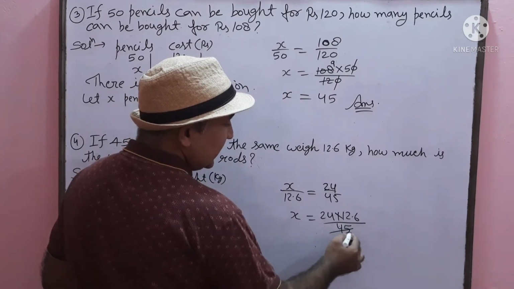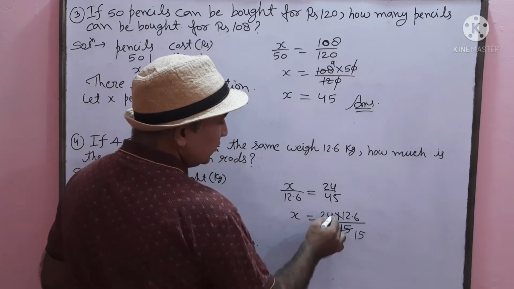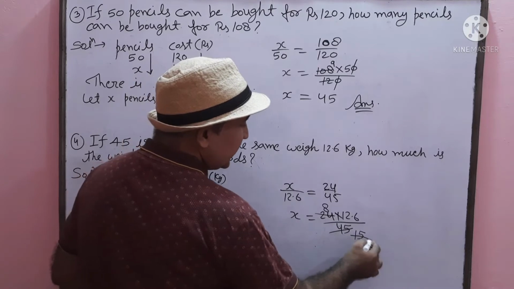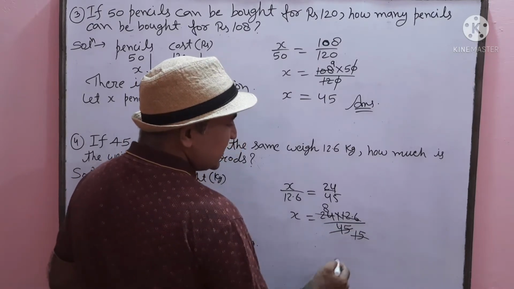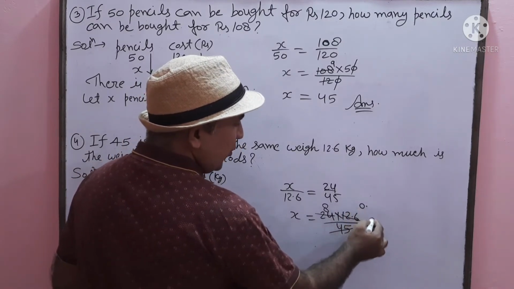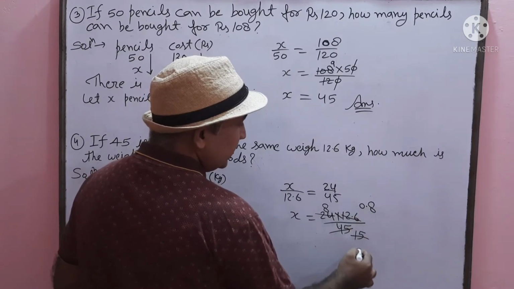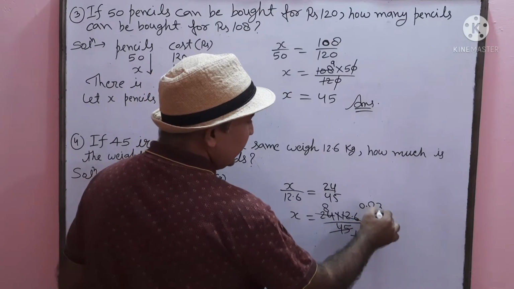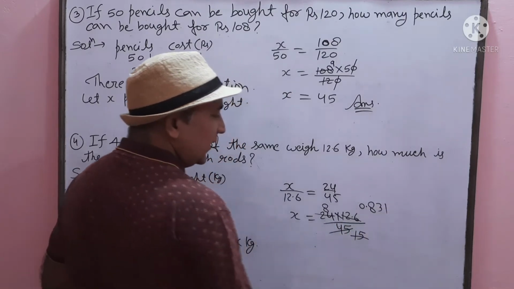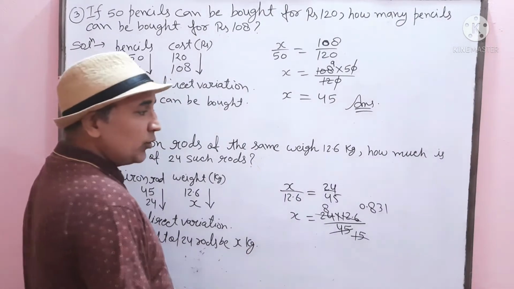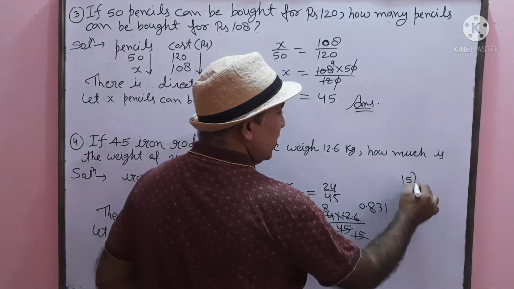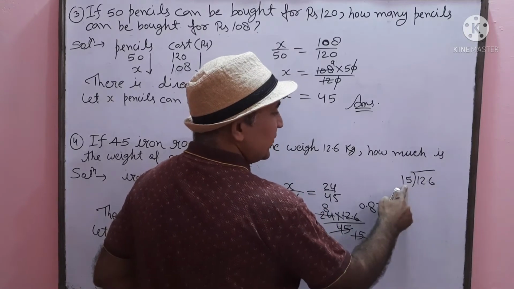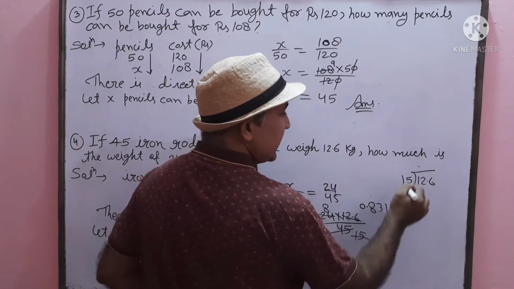Now 3 divides 15 five times, and 3 divides 24 eight times. Now 15 dividing 12.6 gives 0.84. See, I am doing it for you here. 15 is dividing 12.6. 12 is smaller than 15, so we will put the decimal here.